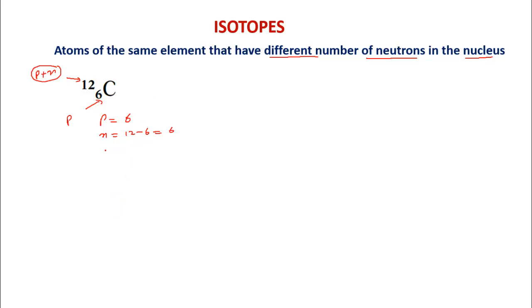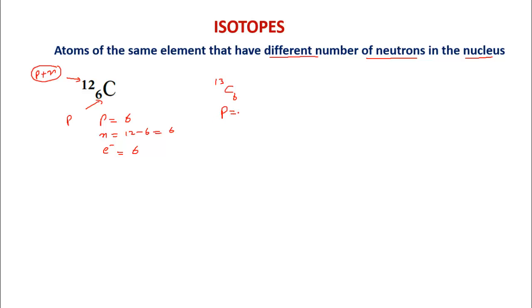And electrons, since the atom is neutral, the number of protons is always equal to the number of electrons, so it will have 6 electrons. 6 protons, 6 neutrons, and 6 electrons. Another isotope of carbon is carbon 13. The atomic mass here is 13. That means the number of neutrons and protons is 13.